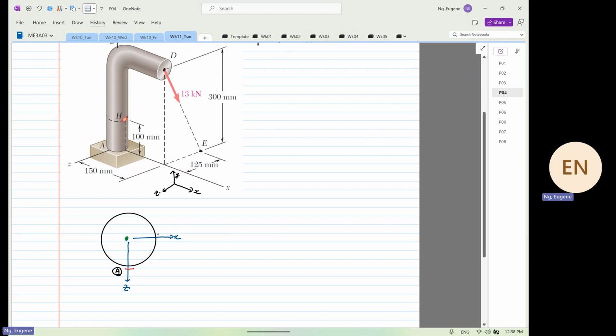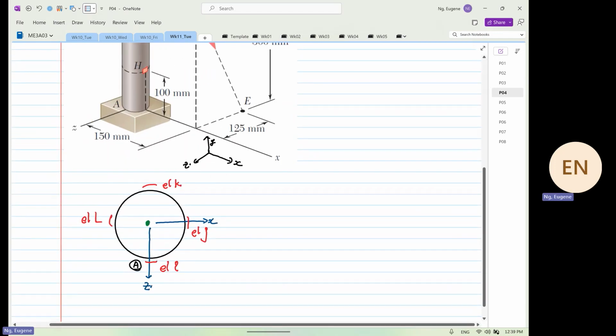Element I, element J, element K, element L. So this is our element I, element J, element K, element L. L, I'm going to use a capital letter. Oh my gosh, I'm way off today. IJ, I need to move it. Okay. Can you see that now?